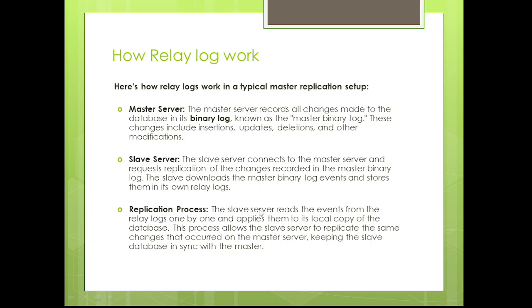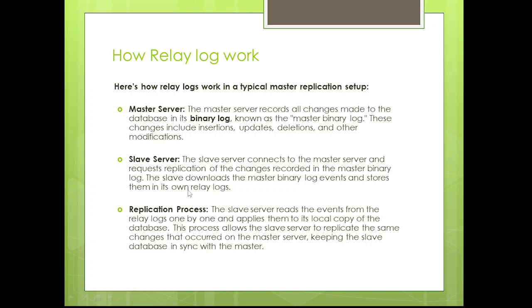After that, the slave server reads the events from the relay logs, one by one, and applies them into the local copy of the database on the slave server, so that everything on the slave server will be updated.